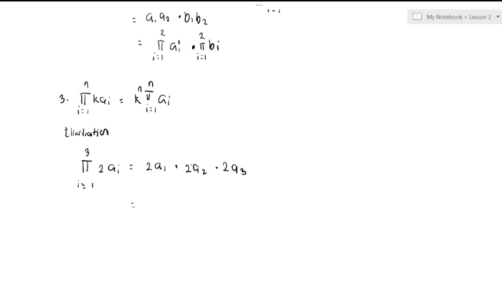So this is 2 times 2 times 2, and then times A1 times A2 times A3. Okay? So balik natin. Gawin natin tong 2 raised to 3, and then, balik natin sa product notation to. Product of A sub I equals 1 to 3. Okay, so yan, yung sa property.